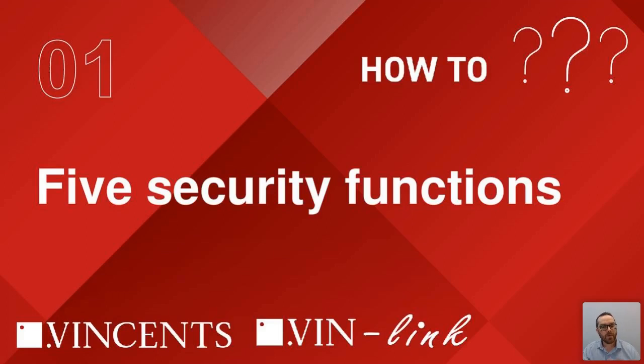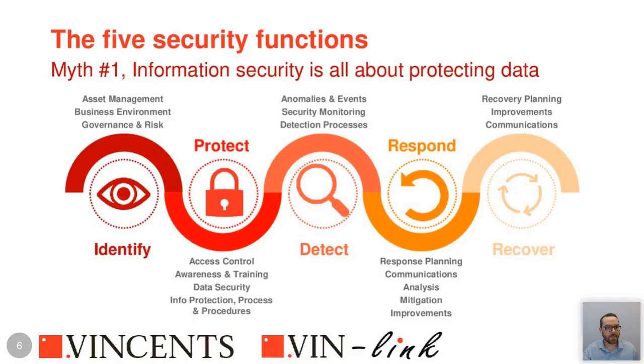All right, 5 security functions. So myth number 1: information security is all about protecting data. It is true, but there's more to it than just protecting data itself. What we need to do is identify the data, the type of data.